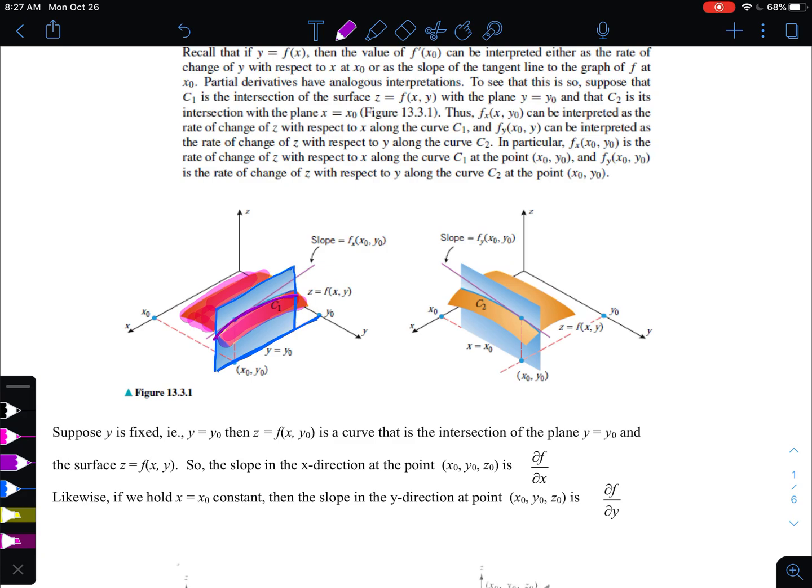We've basically reduced a three-dimensional function down to a two-dimensional function by setting one of the variables equal to a constant. Now this thing that I've highlighted in purple is a function of x and the constant y naught. So y naught is now held steady, and we can look at the rate of change along that specific curve. We have basically isolated how z changes as x changes.